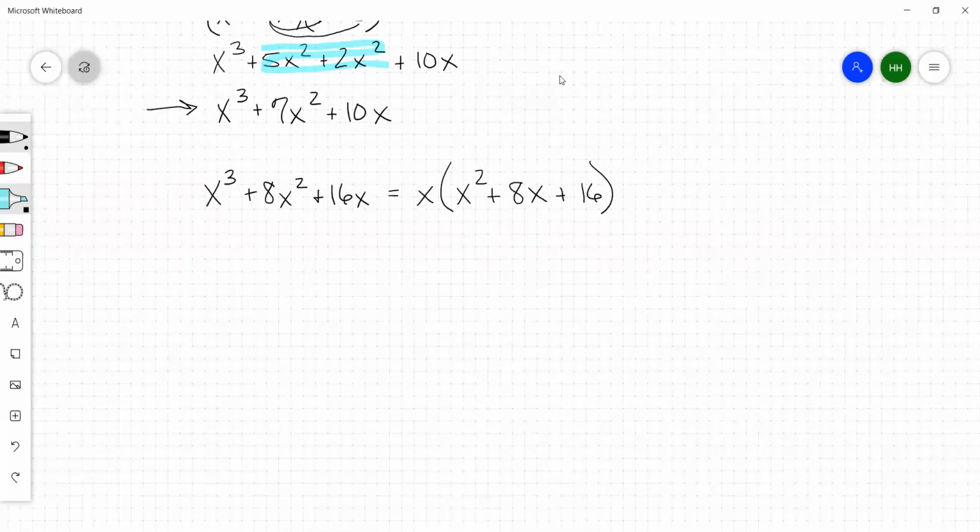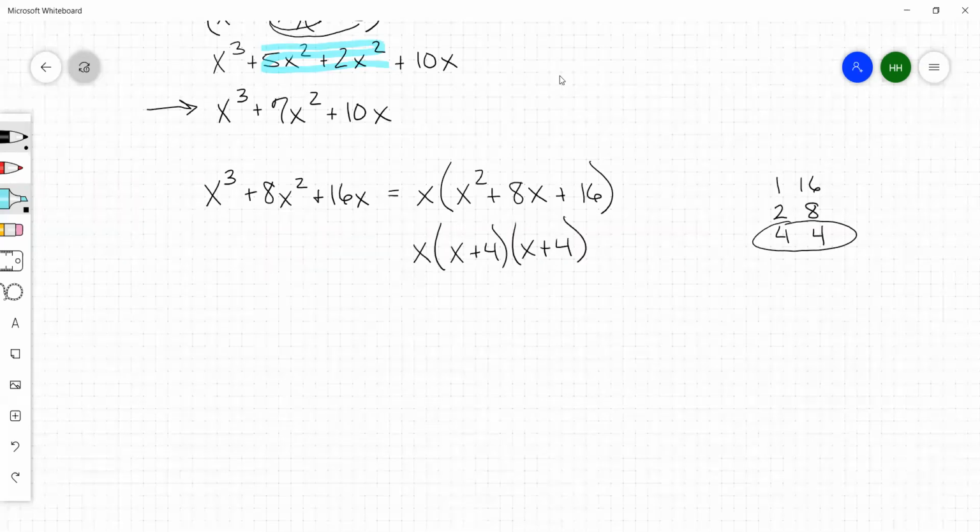All right, so now we're looking for factors of 16 that add to 8. And our factors of 16 are 1 and 16, 2 and 8, 4 and 4. So the only two factors that will add up to 8 are the 4 and the 4. So this becomes x times x plus 4 times x plus 4.